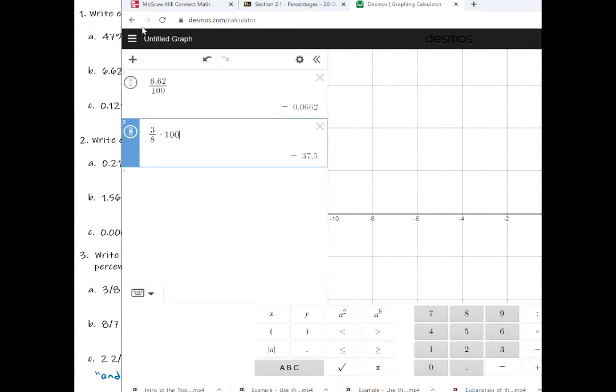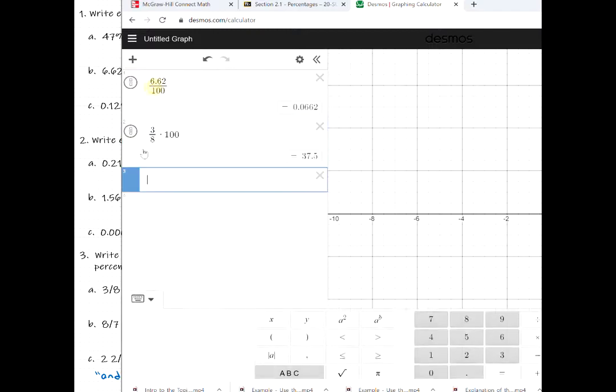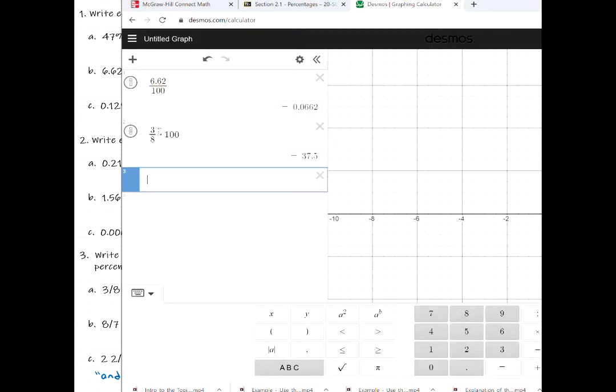And while the window's open, let's just do the other ones. Now you don't have to make a new line. You could replace what's on this line, but I'm just going to keep everything visible. 8 divided by 7. And we'll multiply this by 100. Actually, before we do this, this is probably important.